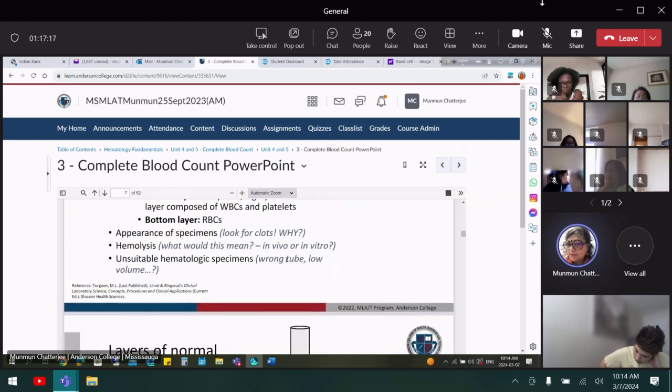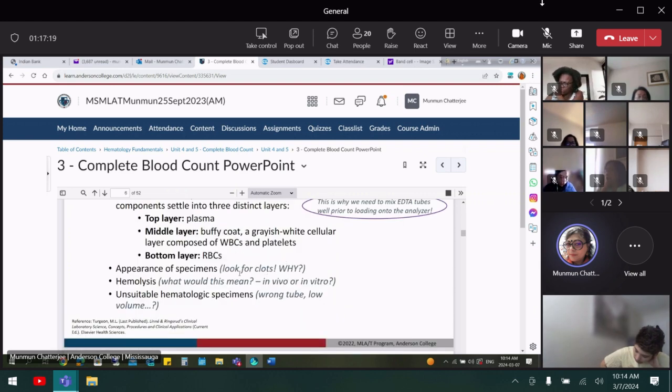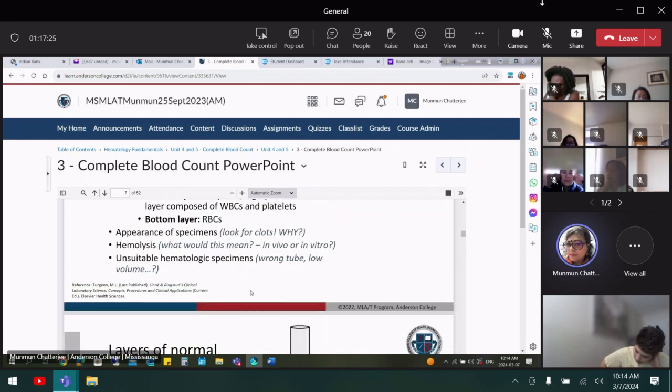Appearance of the specimen. You have to look at the appearance of the specimen. Look for clots. Why? We are going to come to that. If there is a clot, it's not going to give you the proper result. It may give you less. Hemolysis. What does this mean, in vivo or in vitro?